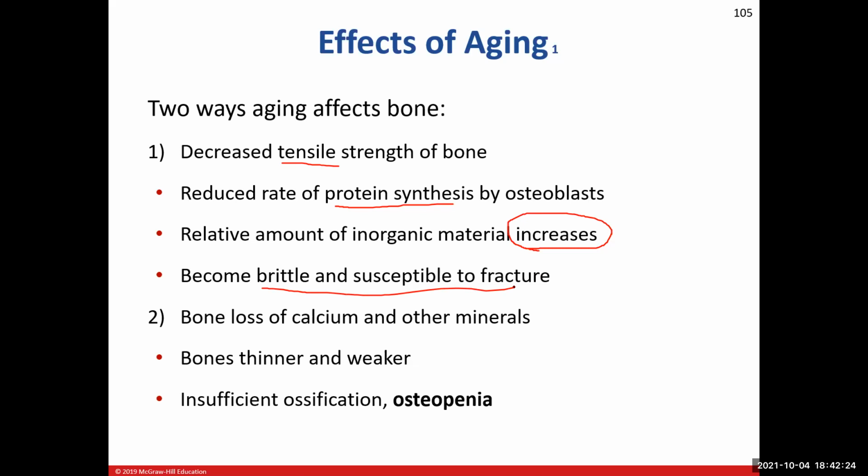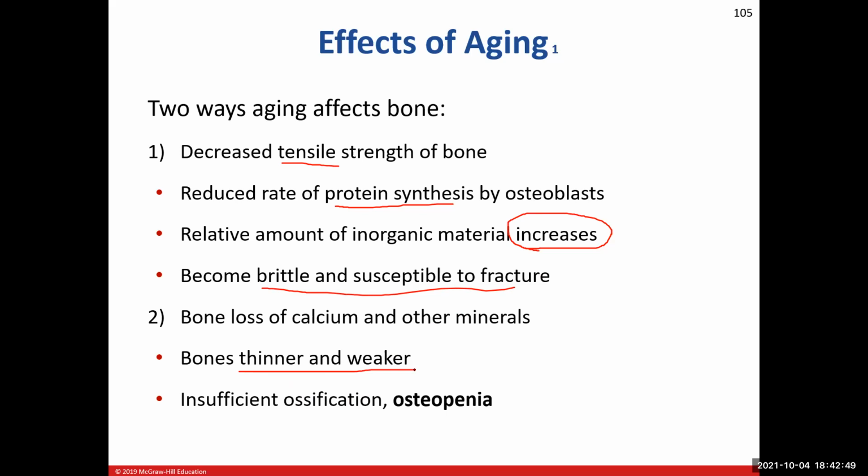Also, when we're talking about aging effects on bone, we'll have less calcium and phosphate and other minerals that we need for proper bones. So when that happens, our bone matrix has become less, so it's thinner and weaker, and again, it could potentially become more prone to breaking.